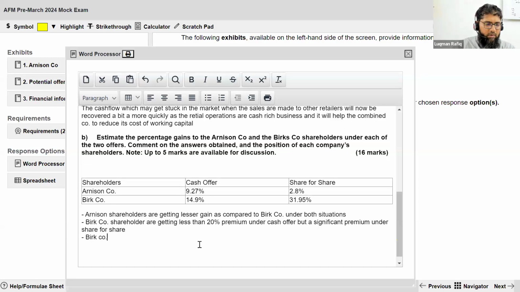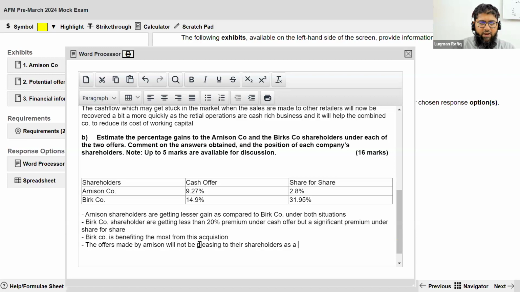Burke company is benefiting the most from this acquisition. The offers made by Arneson will not be pleasing to their shareholders, as a greater value is passed on to the Burke company shareholders.